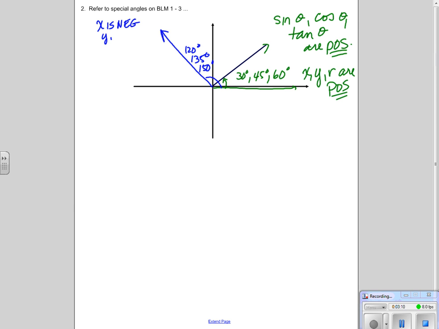Y and r are positive. And more importantly, in that quadrant, your sine is positive, but the other two, cos and tan, are negative.